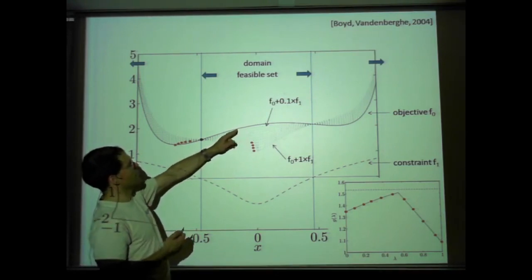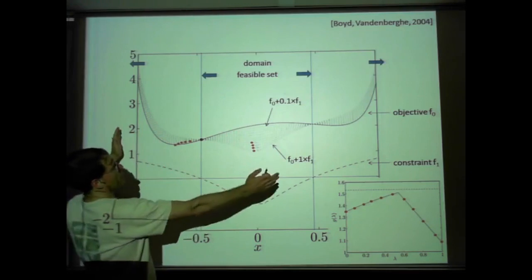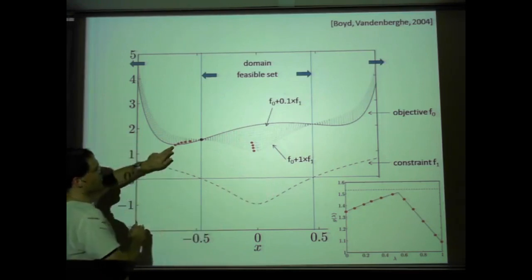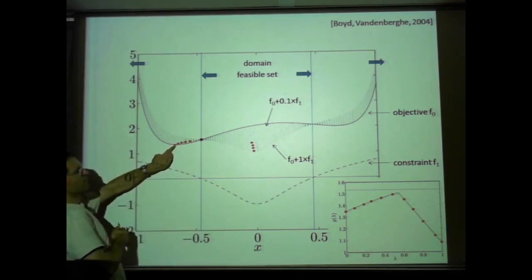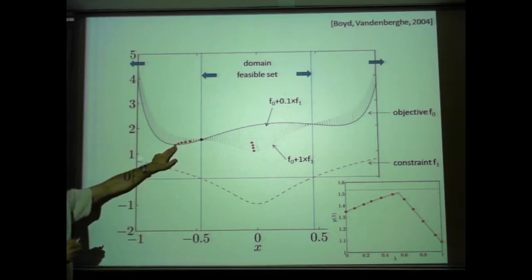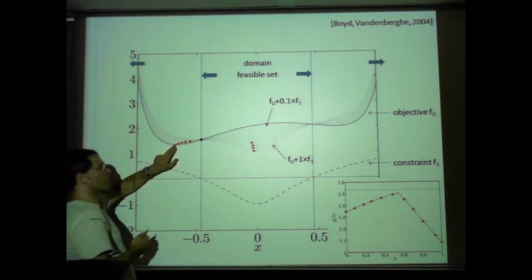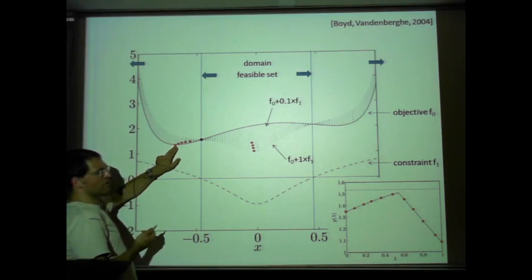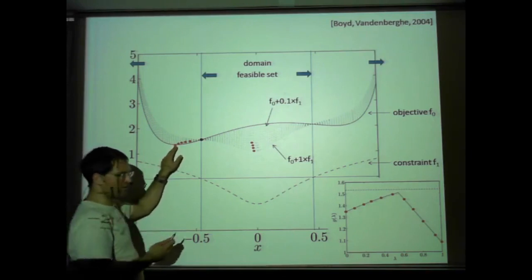Then our optimum across the entire domain, our minimum, will be here. If we forget about feasibility, if we're looking for the smallest value anywhere in the black curve, this is going to be it.